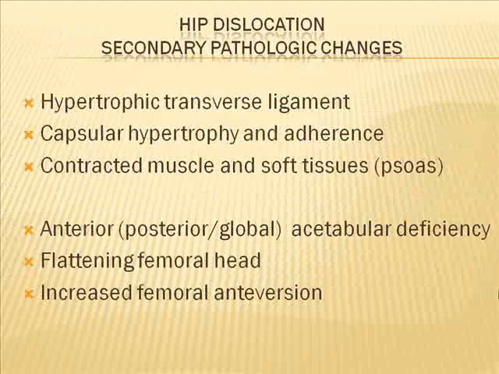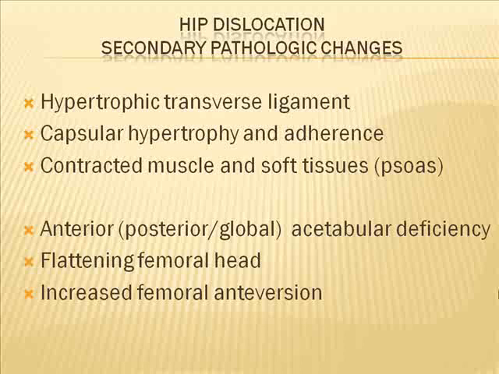And one of the problems with dislocation of the hip is that that relationship is affected for unknown cause. But as a result, there's a hypertrophy of the transverse ligament, as well as hypertrophy of the capsule that also can adhere to the ilium. And then there's a contracture of soft tissues, especially, and one of the most important obstacles for reduction, the psoas.